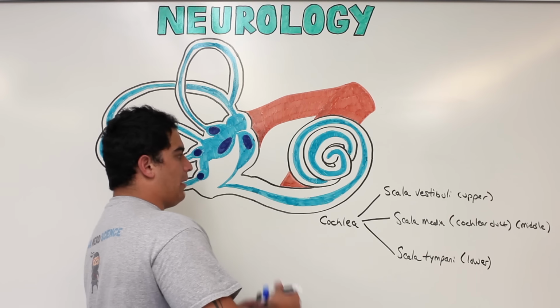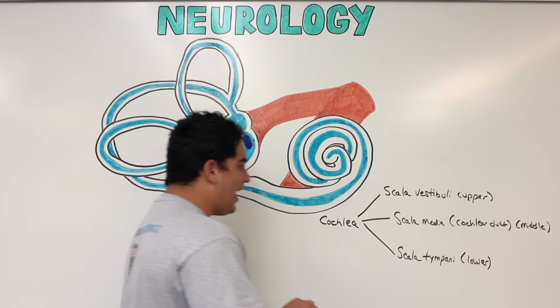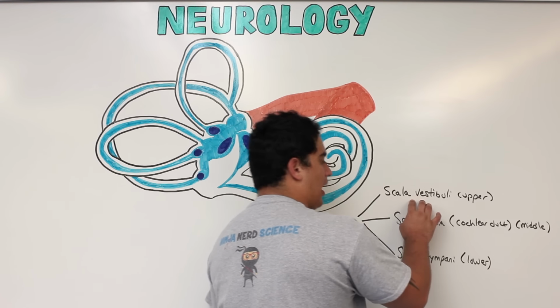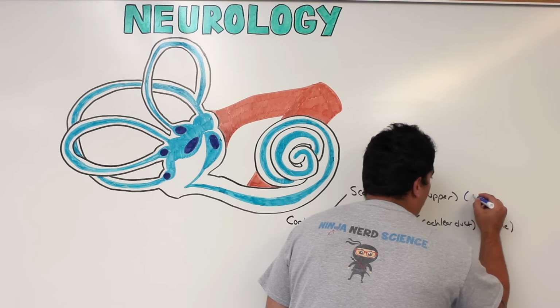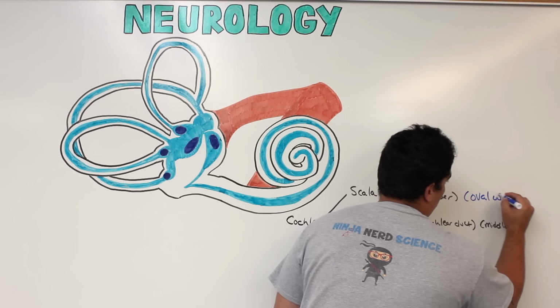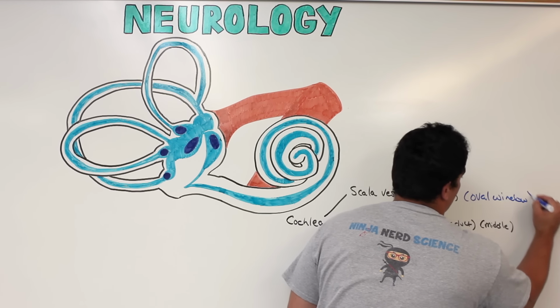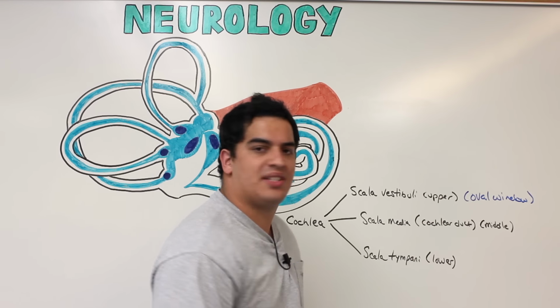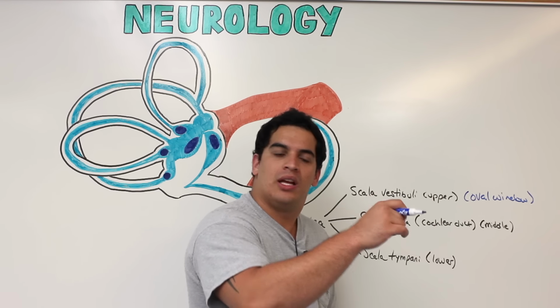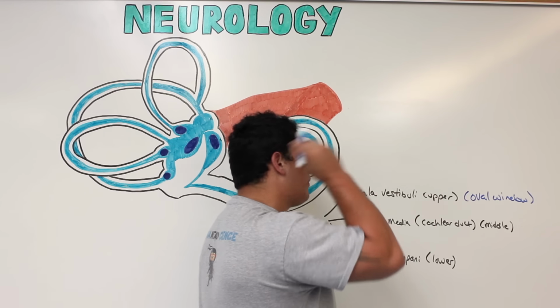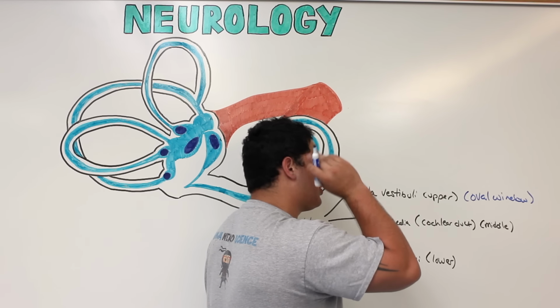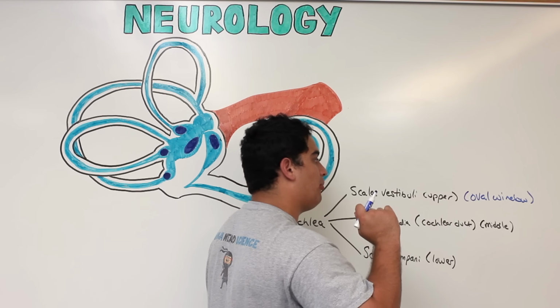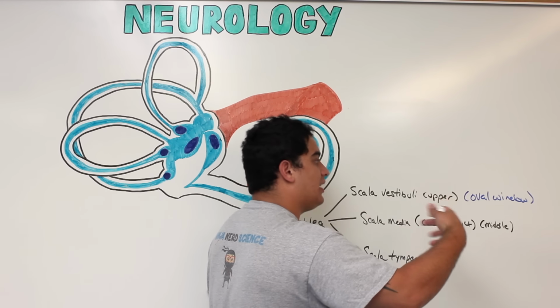What's really important is that on the scala vestibuli, you're going to have a really important structure that we talked about within the middle ear. It's called the oval window. Remember the stapes? The stapes is tapping on the oval window. And when it's tapping on the oval window because of sound waves, the sound waves were creating vibrations that were compressing and decompressing the tympanic membrane that was moving the malleus, incus, and stapes.